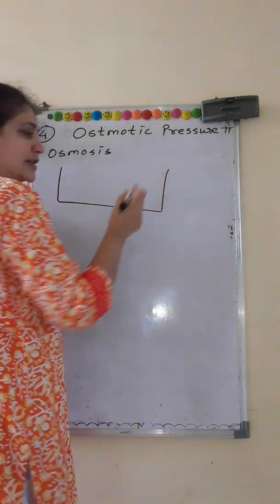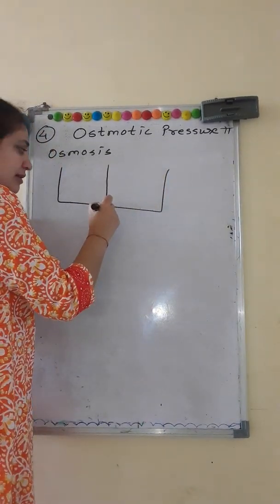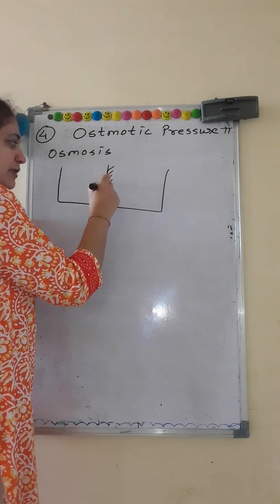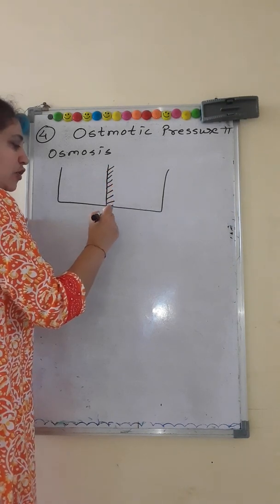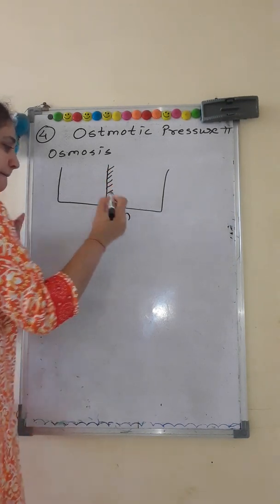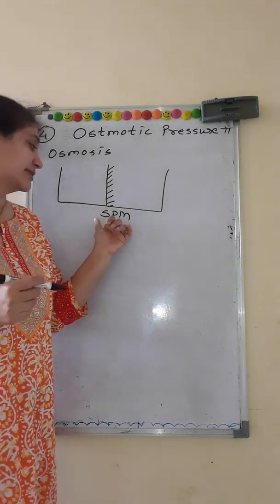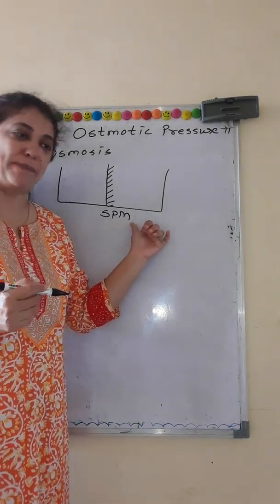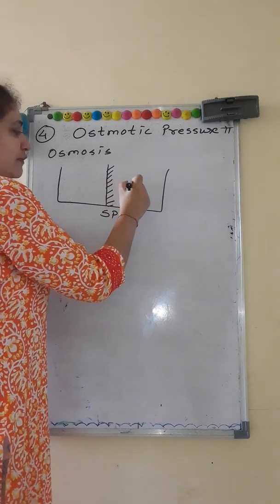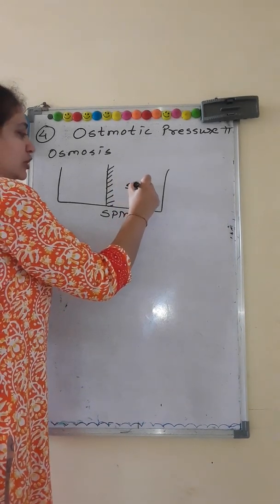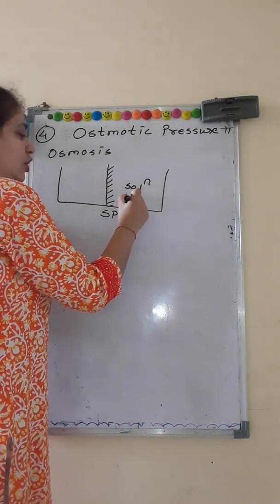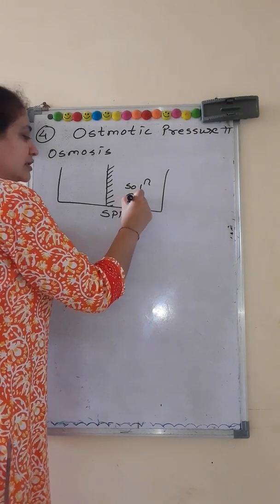Suppose there is a large vessel in which I place a separating membrane, which is called SPM. Full form of SPM is semi-permeable membrane. And on this side of the compartment, I place a solution with concentration C2.